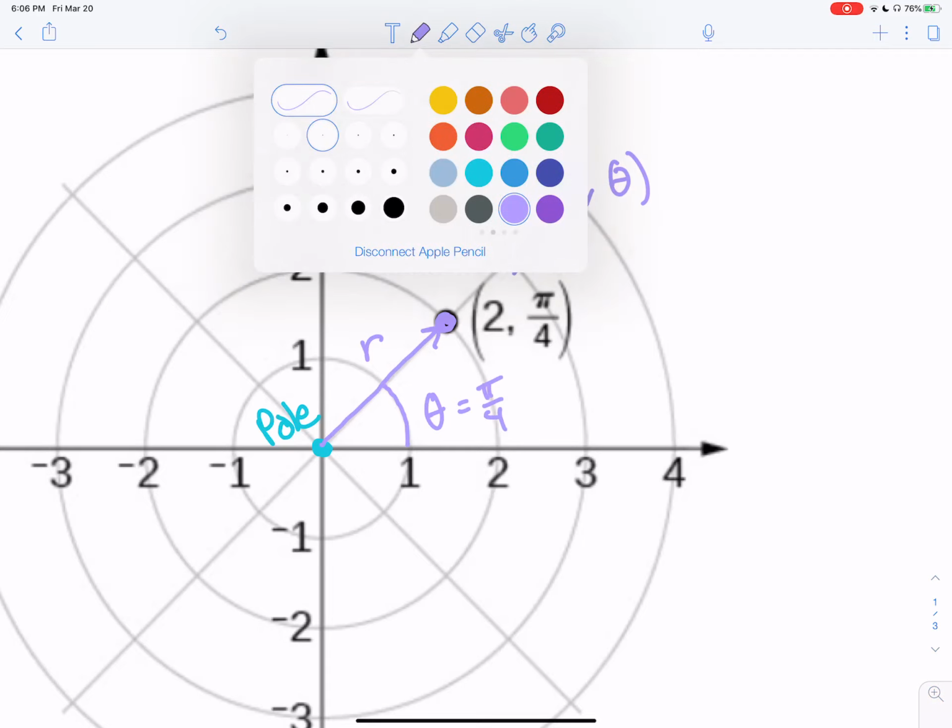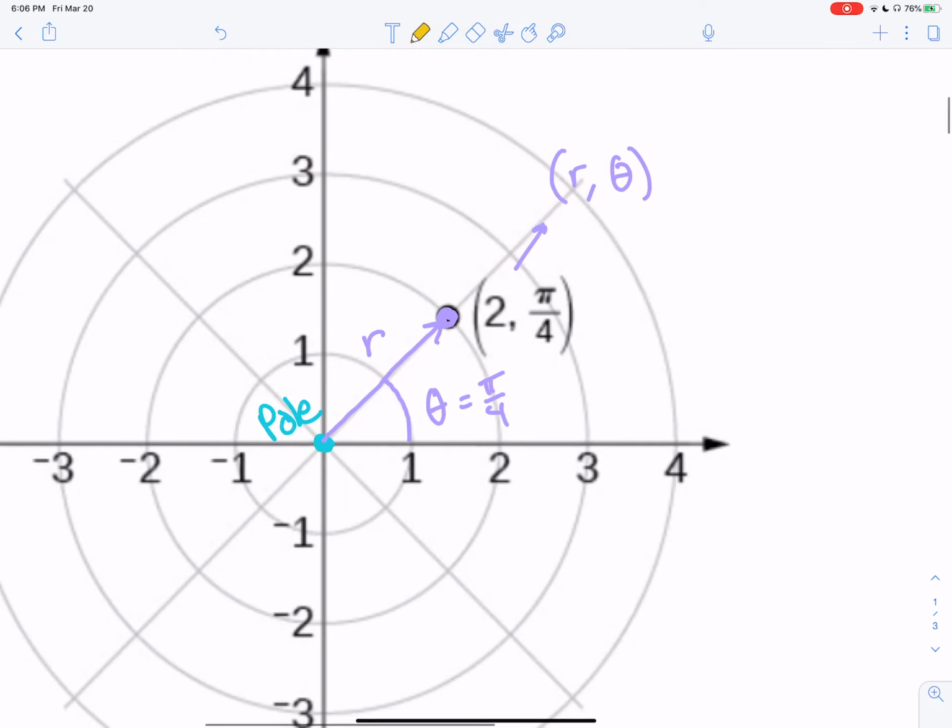So that's our theta. Now, this point could also have been expressed in rectangular coordinates, where this would be the y height, and that's the x length. So here's our angle theta.